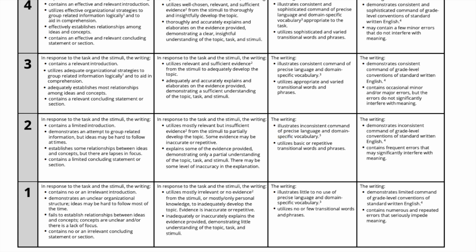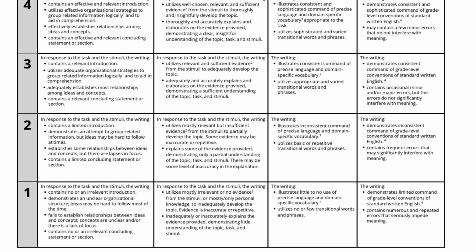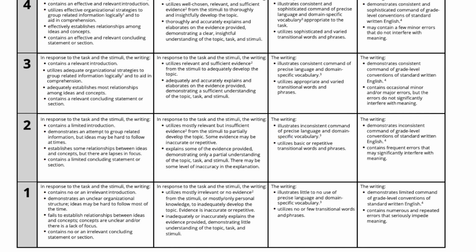Now I want you to look at your rubric. Remember, we want to make a 4 on our rubric. That is our goal. A 4 is a perfect score. So, if you will look at your rubric, you have focus and organization, development, language, and conventions. To look at the 4, this is what our goal is.